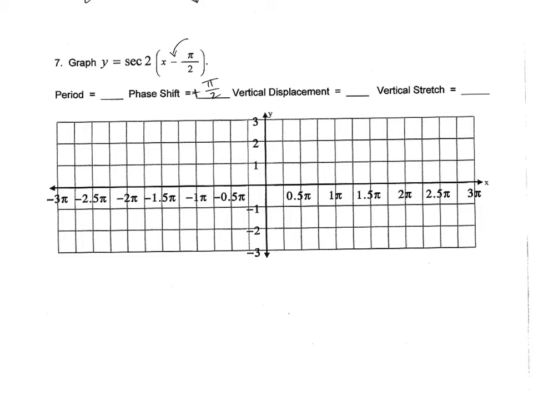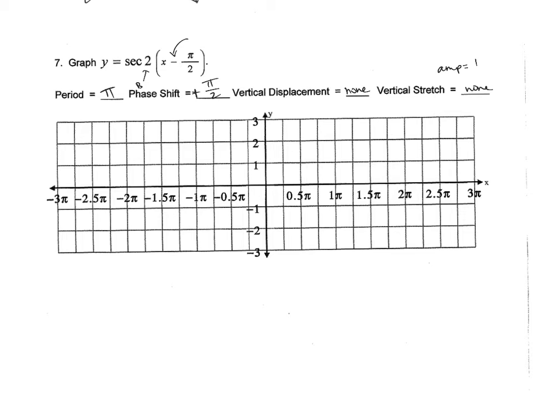Okay, I do also have a b value, so my period is going to be affected, so it is 2 pi divided by 2, or pi, but I have no vertical displacement, no reflection, and I have no vertical stretch, so my amplitude still just equals 1 like we're used to.